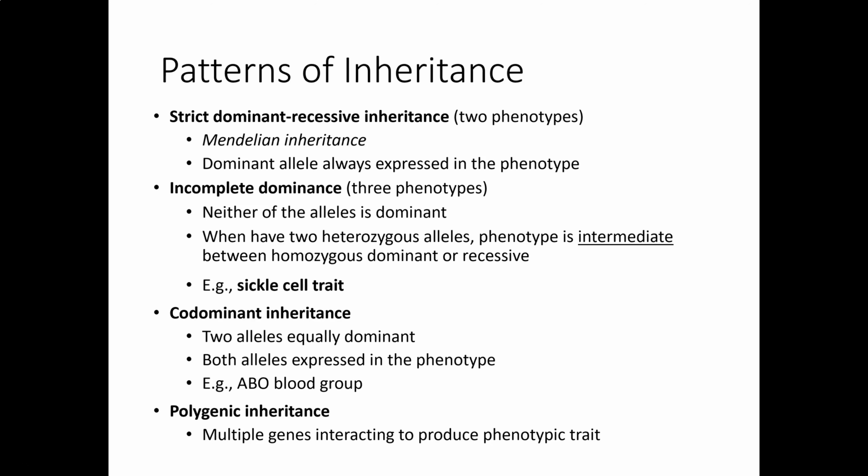But guess what? The supermajority of our traits, right? Your height, your weight, whether you get certain diseases or not, whether you get cancer or not, right? Most of the things we really care about are actually inherited, decided by multiple genes.